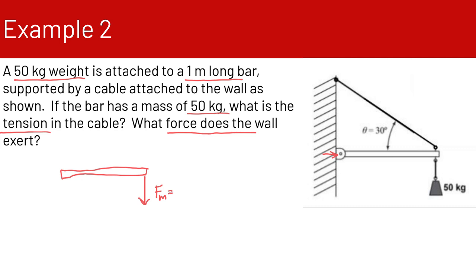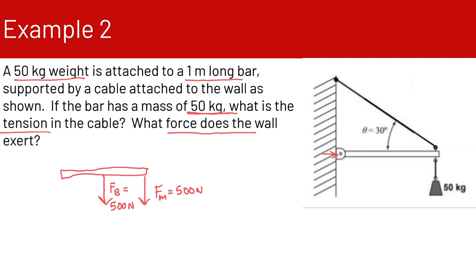And that is 50 times 10, so M times G. So we'll call that 500 newtons. And then the bar itself has mass. It weighs 50 kilograms. So the FB is the same thing, 50 kilograms times 10 newtons per kilogram. So that's also going to be 500 newtons.